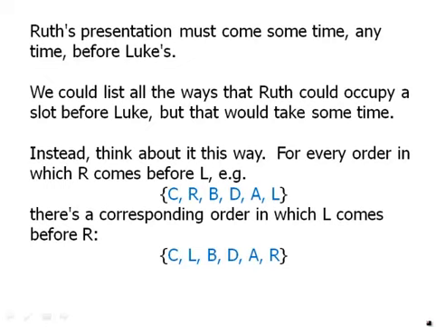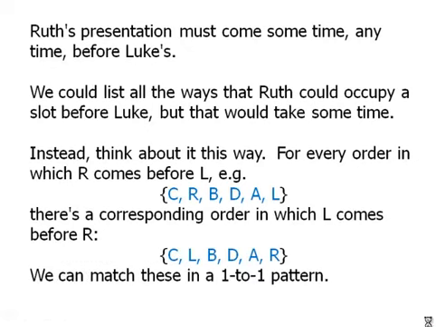We've just switched the place of Luke and Ruth and left everyone else the same. Those are two valid orders. They pair up with each other. One has Ruth first, one has Luke first. We can match these in a one-to-one pattern. And the point is, if we went through all the possible orders, we could match them all in this one-to-one pairing.